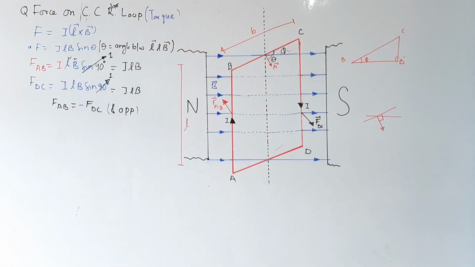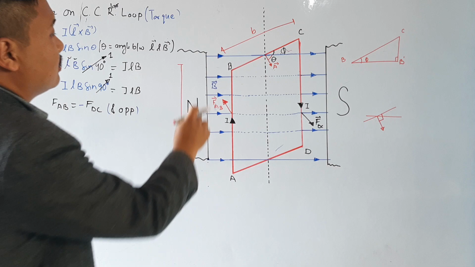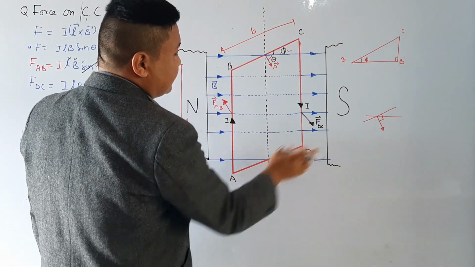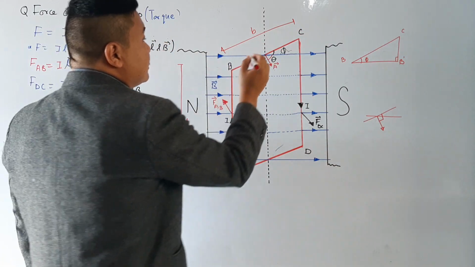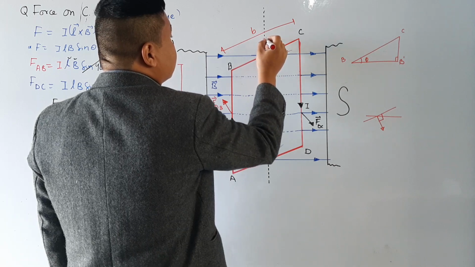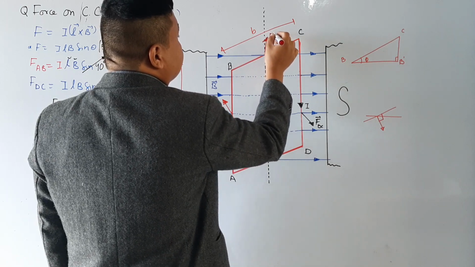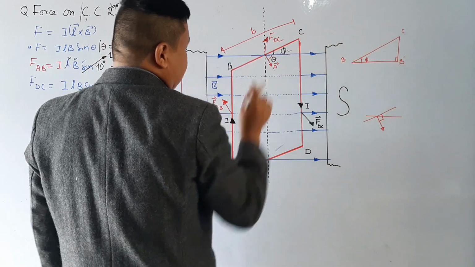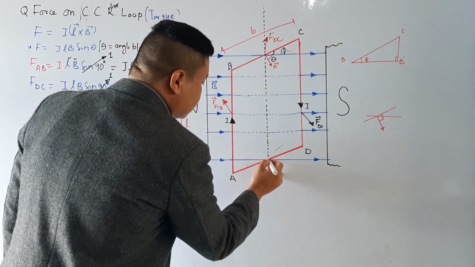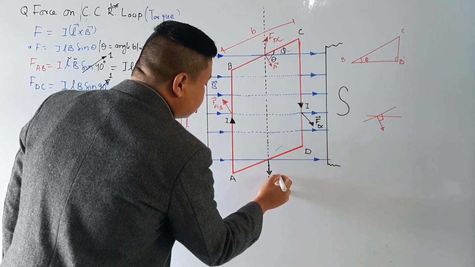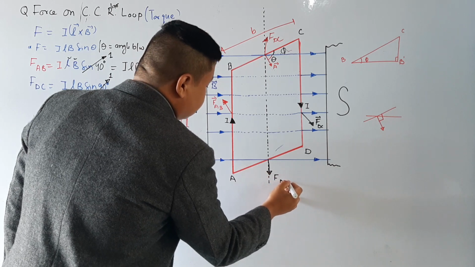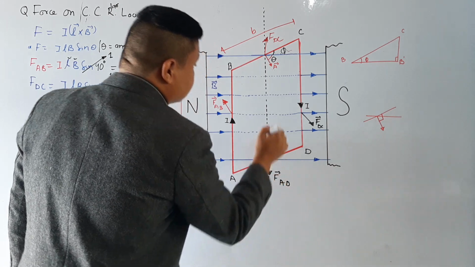Okay. So what about the forces on BC and AD? On BC, this force will go in this direction. So this is the force, that will be force DC. Here the force will go downward. So this is force AD. What is this?